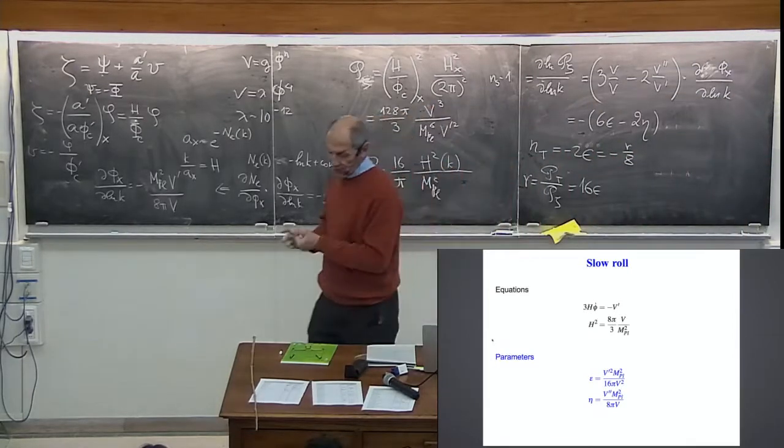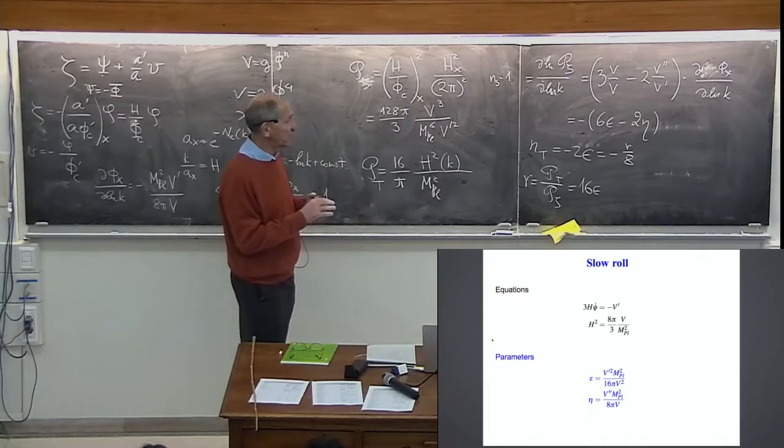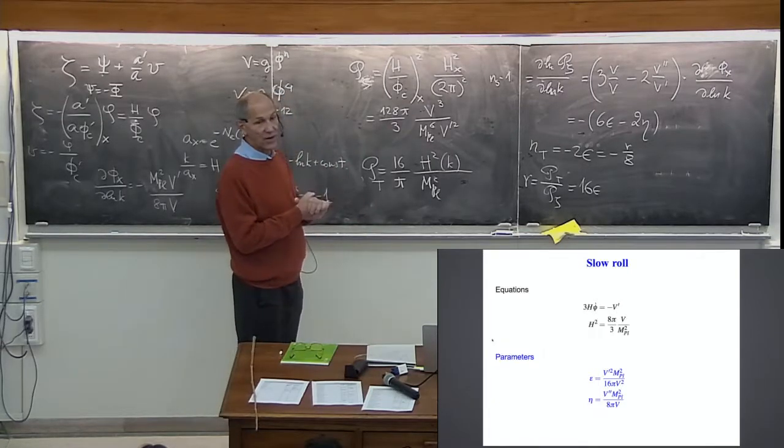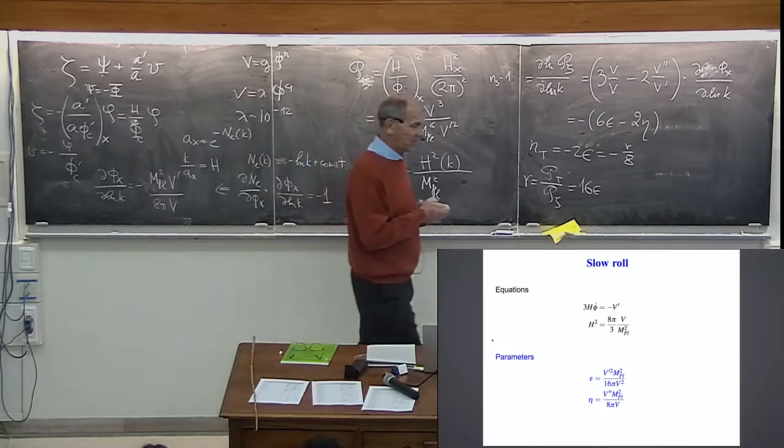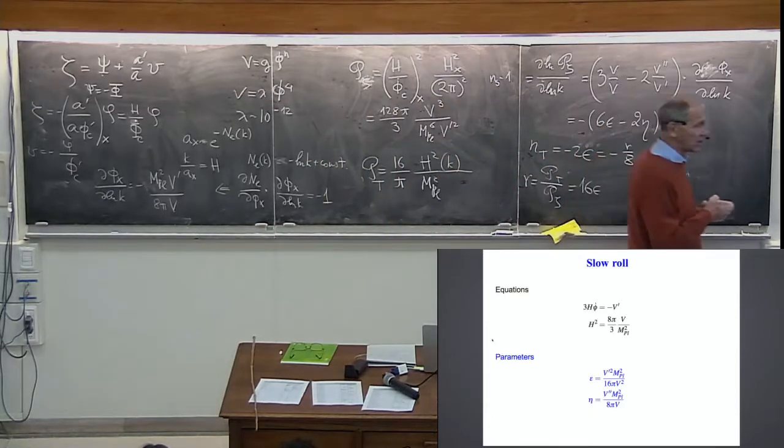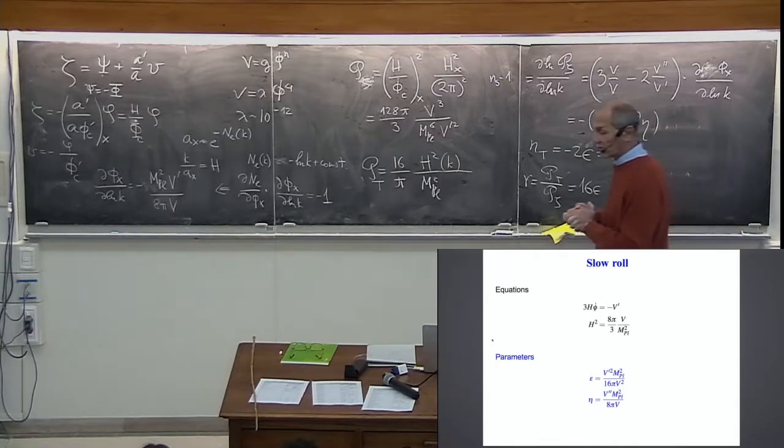And the worst thing is that gravity waves haven't been seen, and therefore many of the potentials are nearly excluded. Say, quadratic power law is nearly excluded, quartic is ruled out.